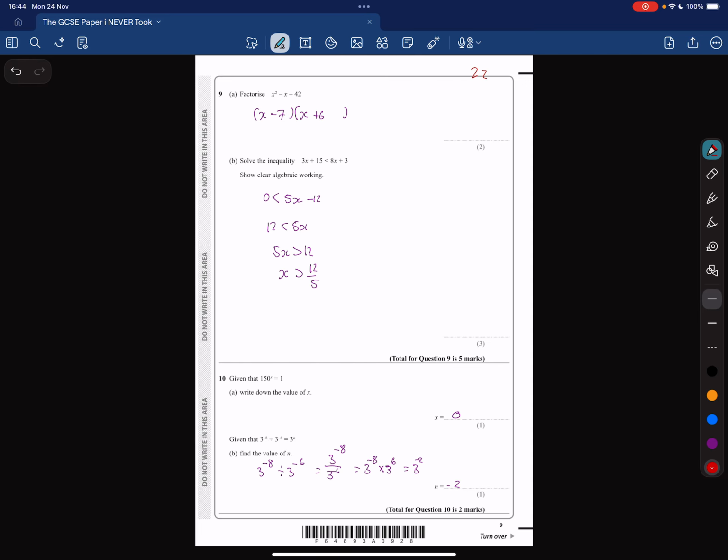Factorise it. X plus 6, x minus 7. Yep. X is greater than 2.4. Yeah, that's actually right as well. 0 minus 2. Yep, so 22, 27, 28, 29.